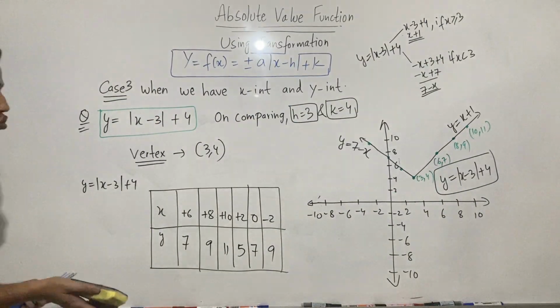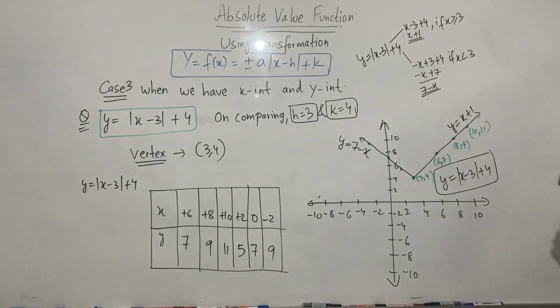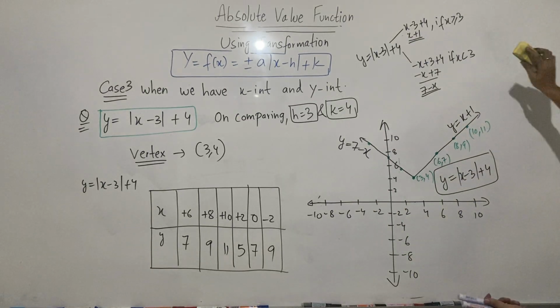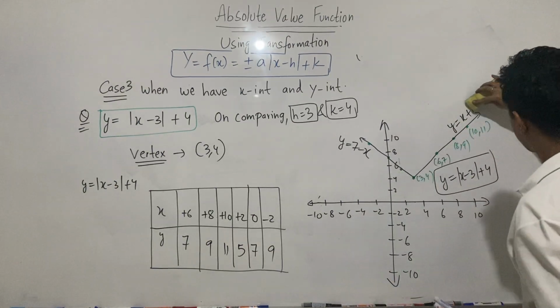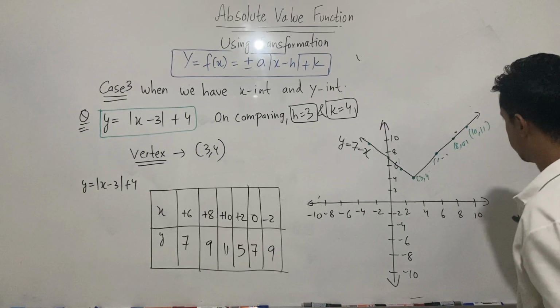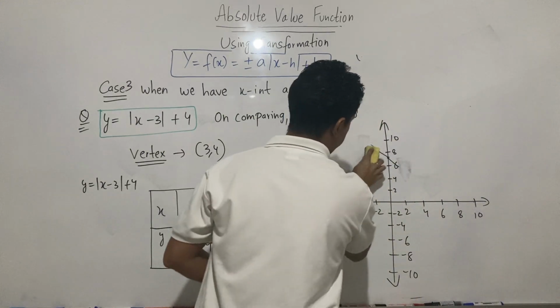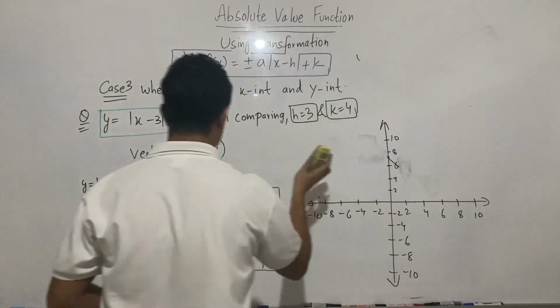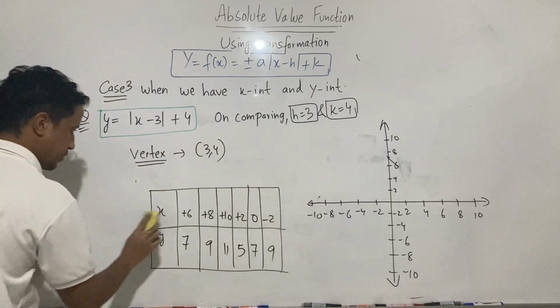All right, we'll take one more question. I'm going to erase a few things, not all, because I can make use of this xy plane. I don't want to draw it again and again, so let's save some time.